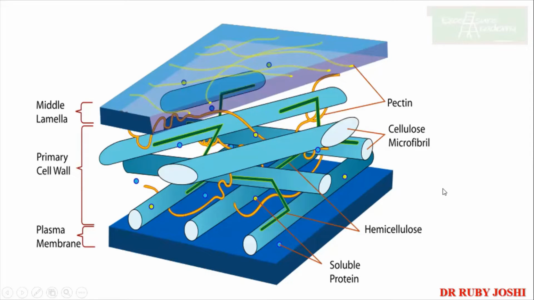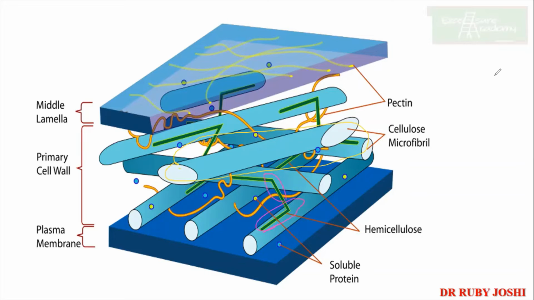So in the plant cell wall, you have got the middle lamella, primary cell wall, and the plasma membrane, right? Now see, these bigger things are your cellulose microfibrils. This one. Okay. Then in between you have got these green color things. These are the hemicellulose.